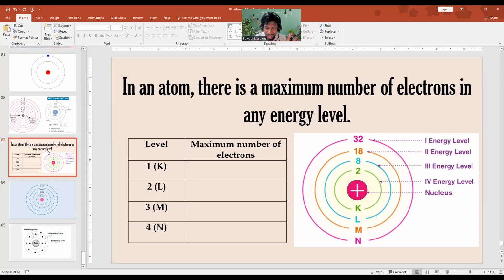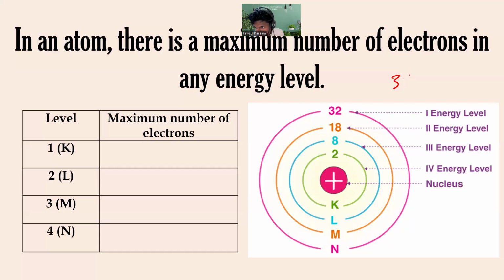For example, just count all the numbers: 32 plus 18 plus 8 plus 2 is 60. If we have 60 electrons, then only the fourth energy level will be fully utilized.